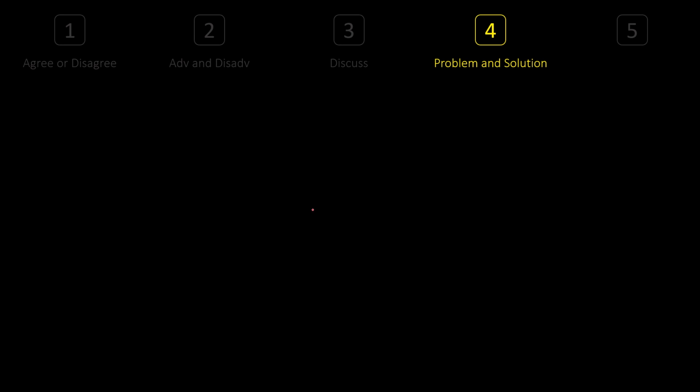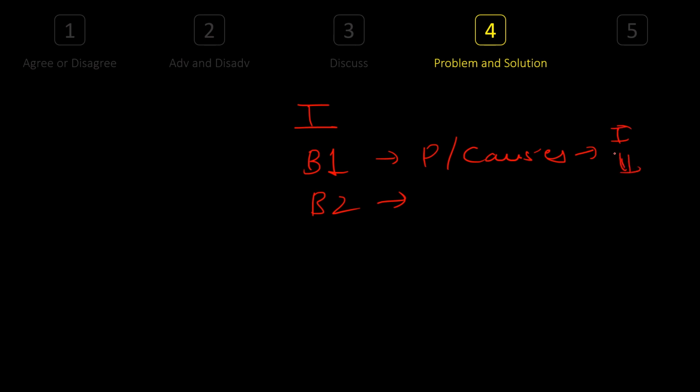In this case, your structure will change a bit. You start with an introduction. Then in body paragraph 1, you mention the problems or the causes of the problems. In body paragraph 2, you mention solutions for those problems. Let's say I have mentioned cause 1, the reason 1 for this problem, reason 2, and hence I provide the solution for these causes.